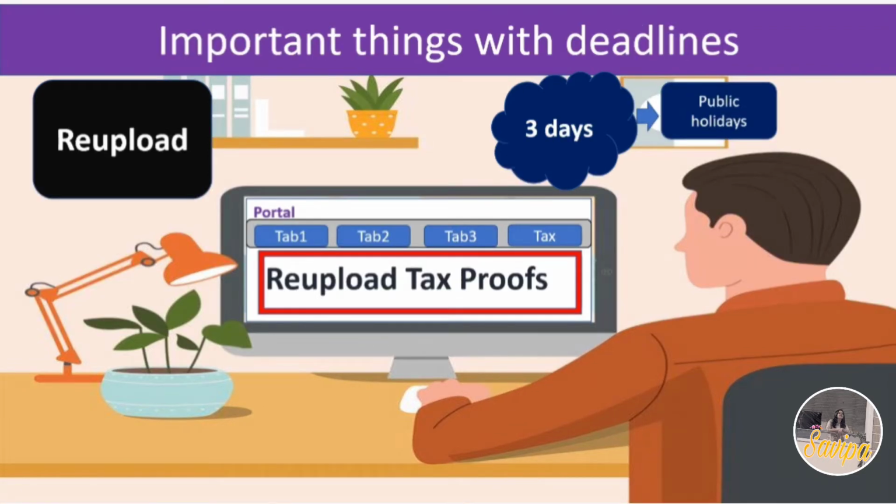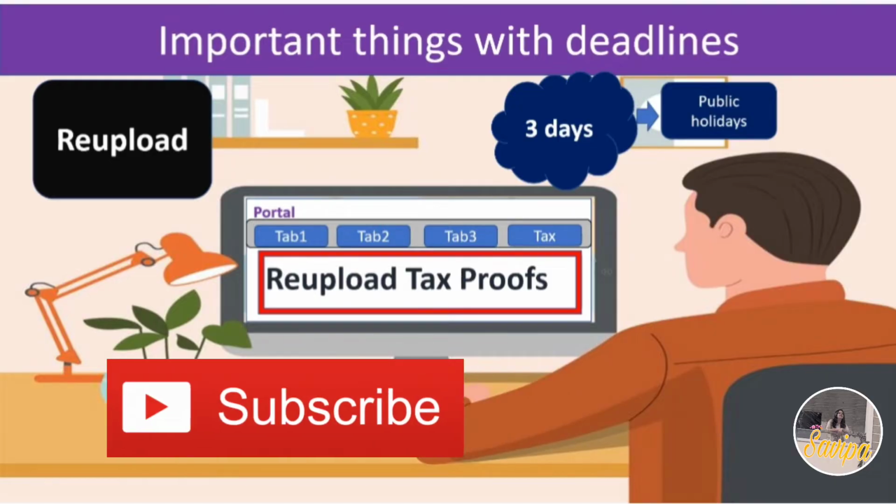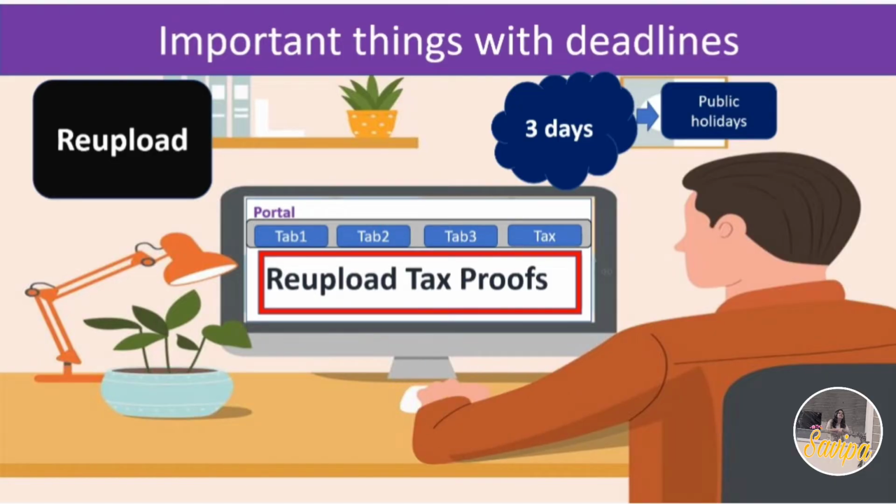If any public holiday is there in the middle, you should not think it is not countable. It will be counted. So including public holidays, continuous 3 days they will provide. In those 3 days you have to re-upload the correct documents, okay? At that time they will again validate and audit the documents and tell you whether it is cleared or not.